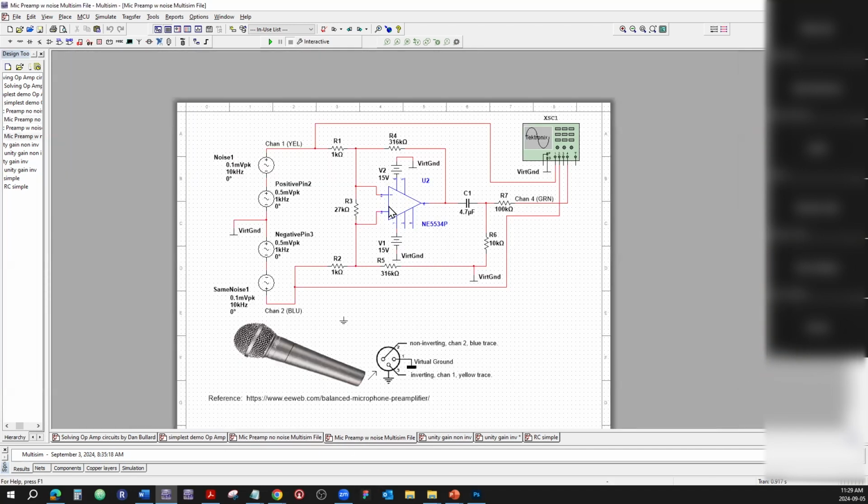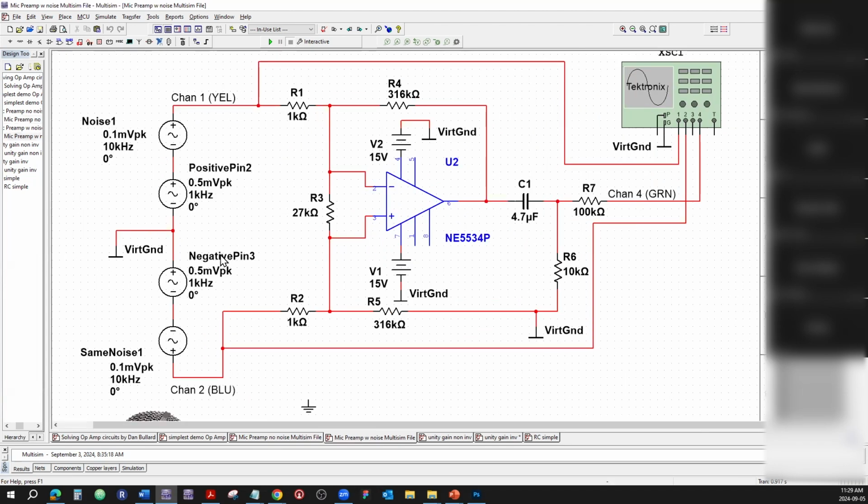See, I've added 2 more signal generators. This is the main signal right here, which gives us the waveforms out of phase. And these here are in phase with each other.